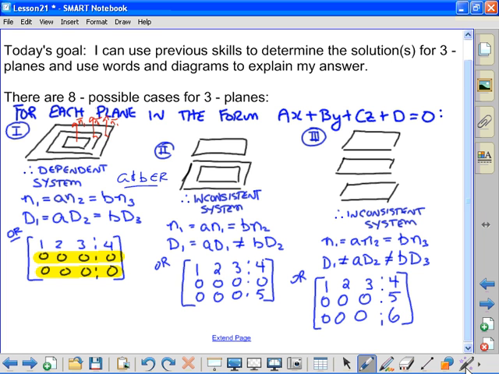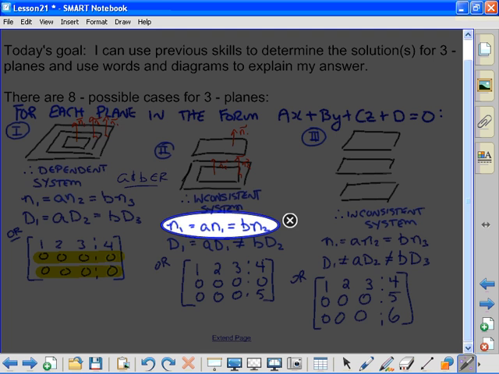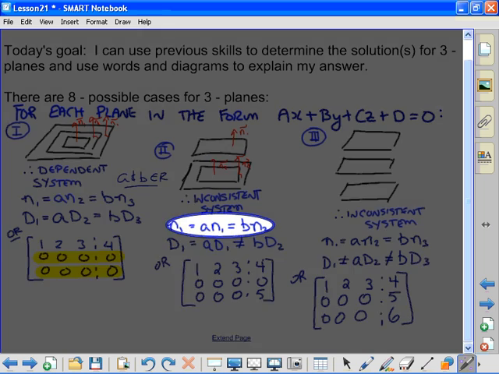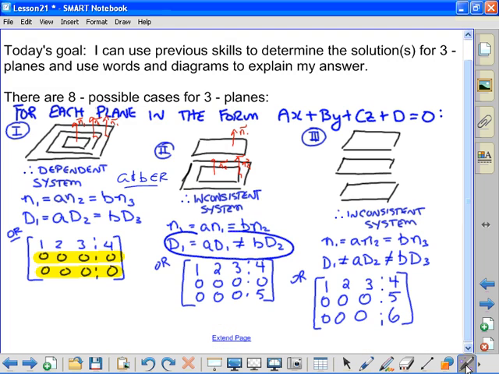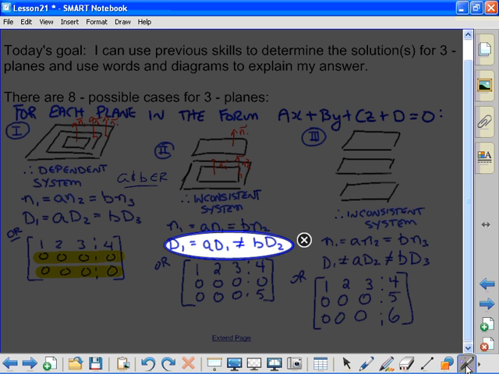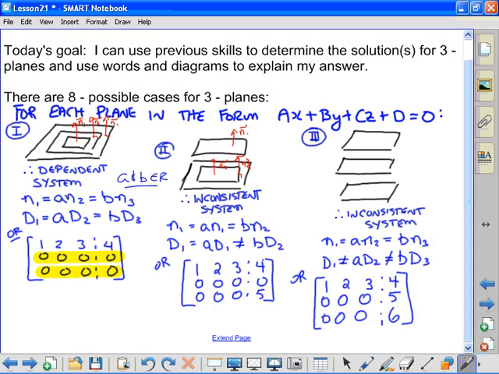All the normals are going to be pointing in the same direction again. So when you do your first check, you're going to find that yes, the normals are multiples of each other. However, when you look at the constants, one of them's not going to work. One will work and one won't, and that is your check result in this particular system.